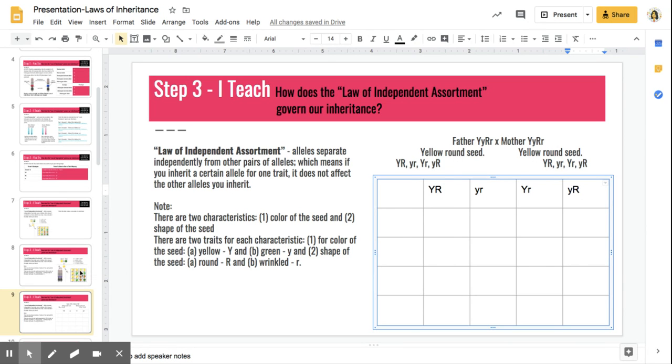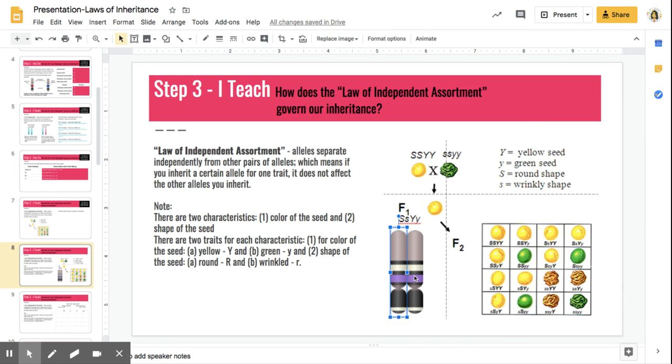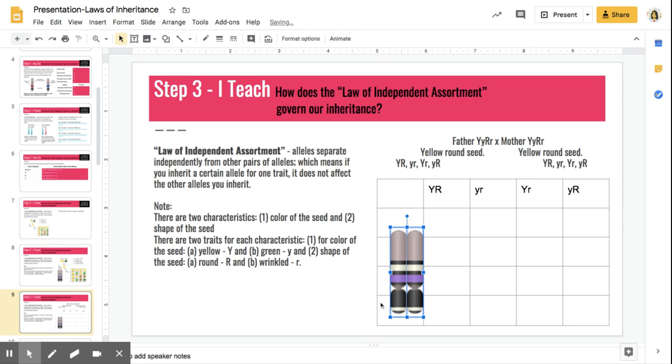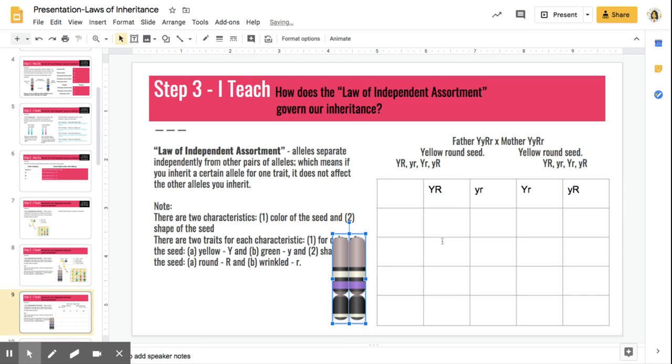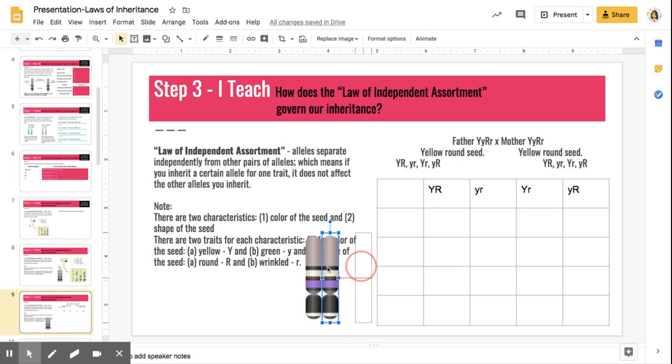So let's copy the chromosome in here for you to visualize it. So that means these two are separated. Okay. So this Y and R in here belongs to just one chromatid. Same thing with this. All right. There are just several possibilities.